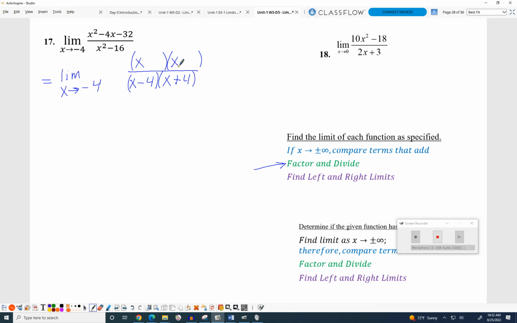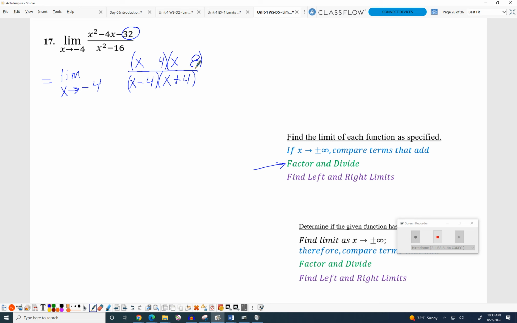Okay, I'm going to show you how I factor. You don't have to use this method, but if you struggle to factor, I will highly encourage you to use this method. But if you can factor without doing this, it's okay. So I look at the 32. I know that I've got to have a 4 and an 8 because those two multiply to give me 32.